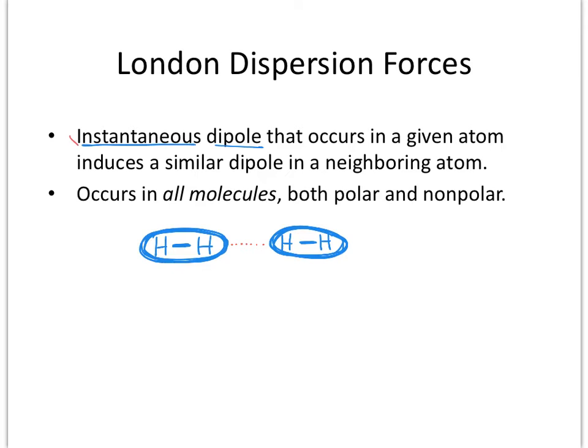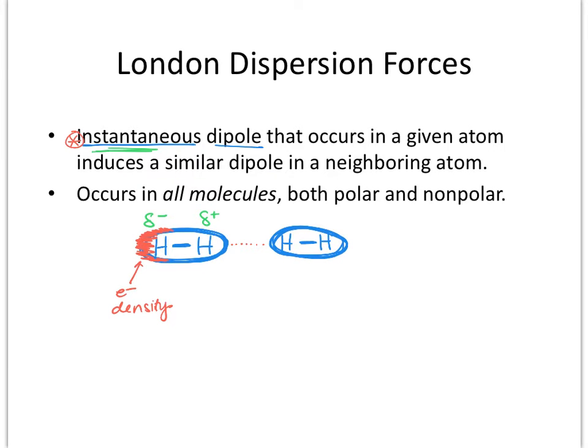But with a random motion of electrons, they're going to avoid each other because they're all negatively charged, but let's say those electrons temporarily shift to one side of that nonpolar molecule. Now you end up with an instant and temporary partial negative side and a partial positive side.